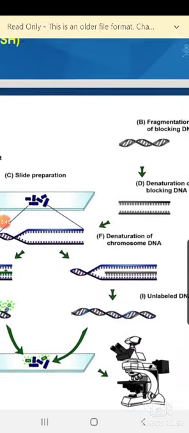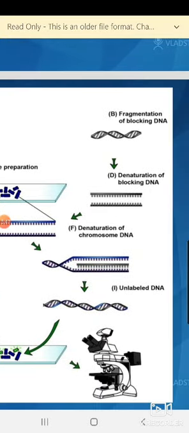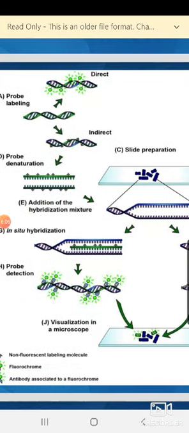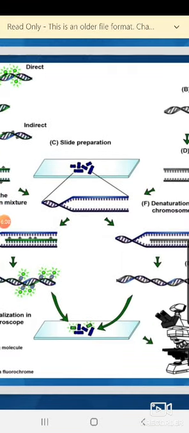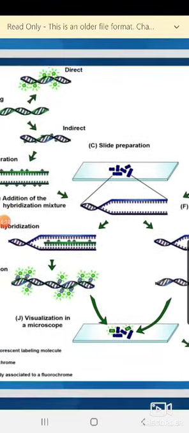Now what is the right hand side? On the right hand side, they are making some other unknown DNA, which is not a specific sequence, which we can say is blocking DNA. That is fragments of DNA, small sperm DNA, that people generally use, and that also they denature. When they do the hybridization, they use the probe as well as this non-specific DNA. Why? Because if my hybridization is unique, then only it will come and bind.